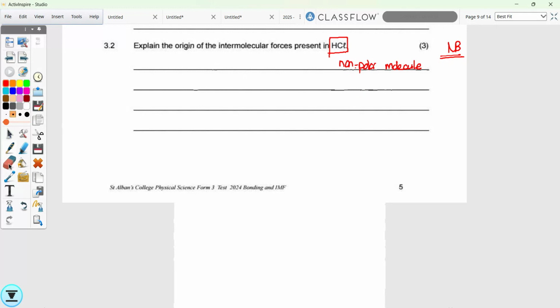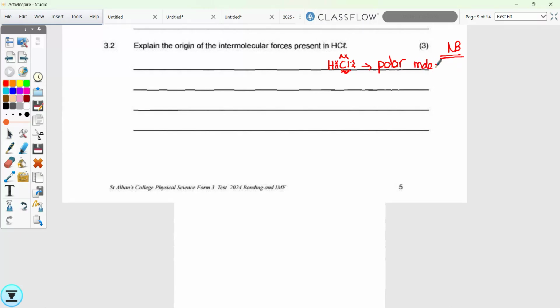Oh, I said guys, it's not non-polar. It's polar. If you're in doubt, draw it. H has got one electron that it's sharing with Cl that has all those electrons. This is very much polar. Sorry, I just wrote down what you guys said. It's a polar molecule.